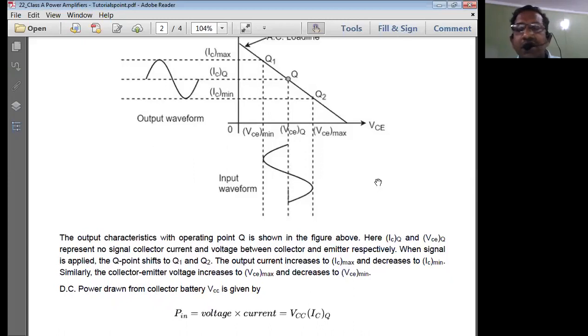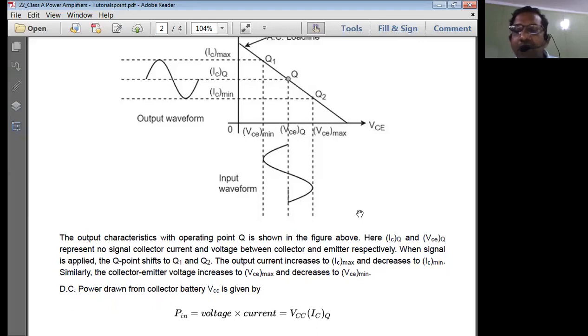So in the case of power amplifiers, to what extent can the voltage swing increase? The voltage swing minimum value can reach 0 and the maximum value can reach VCE max. That means it can extend to this level of maximum value in general.